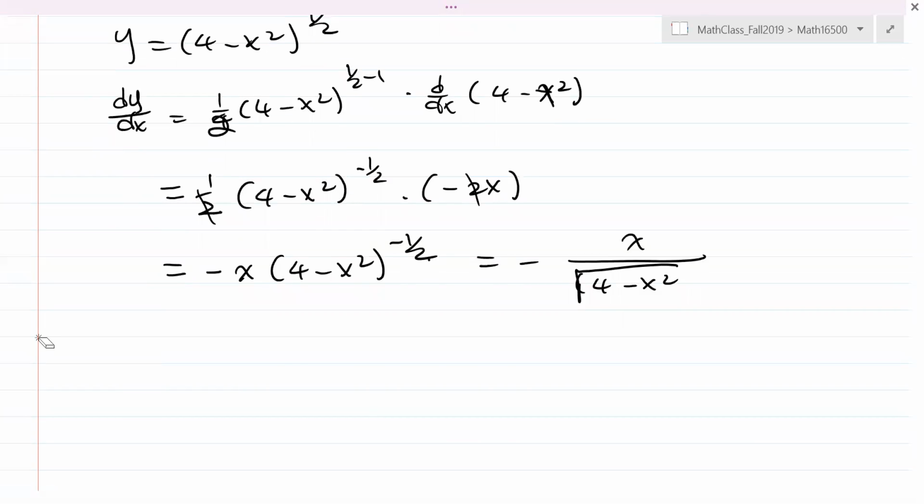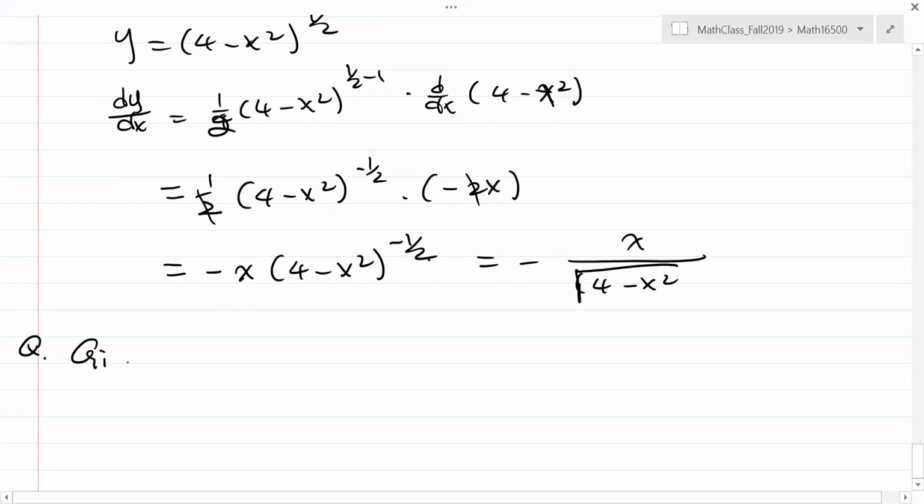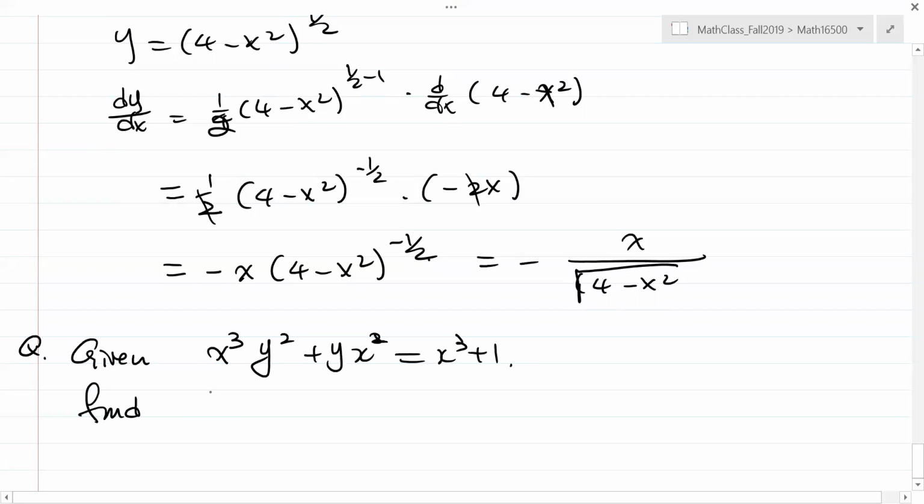Okay, so the next problem. Find the derivative of y with respect to x.